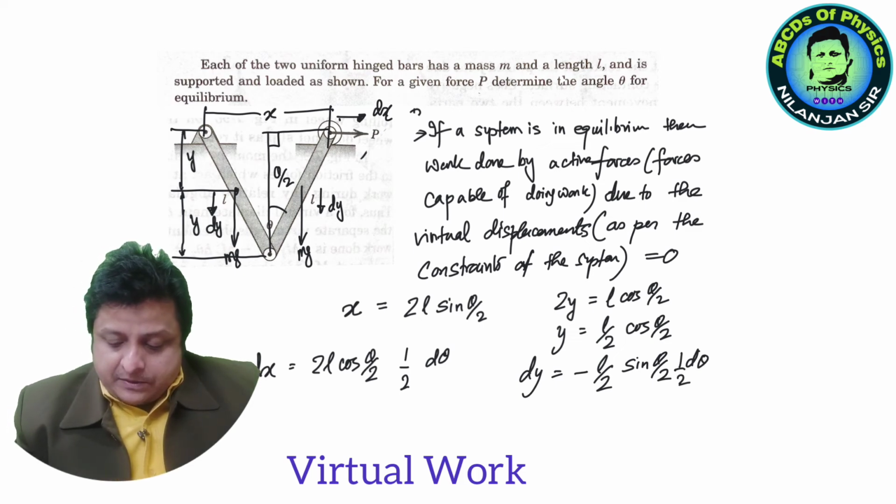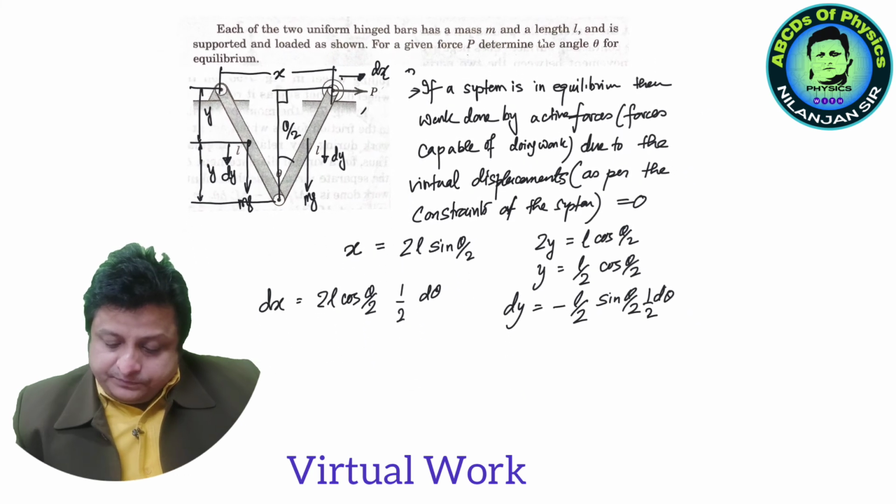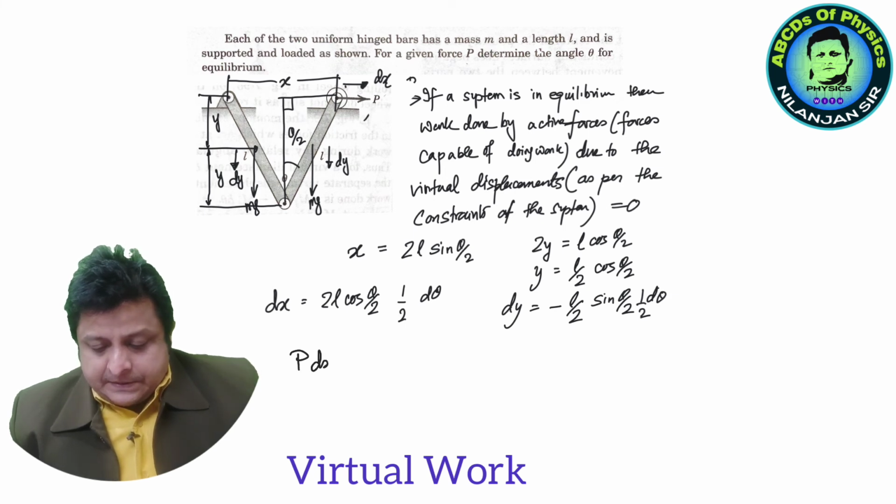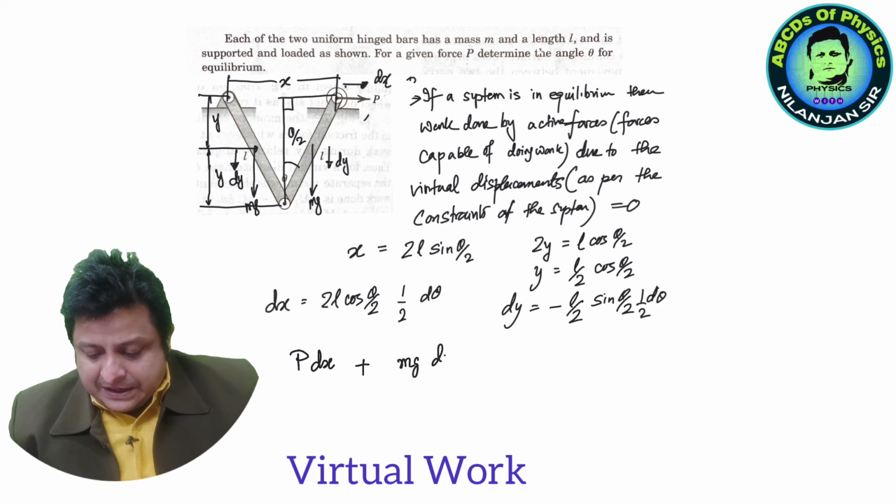Now the net virtual work is equal to 0. That means it is P times dx plus mg times dy, multiplied by 2, is equal to 0.